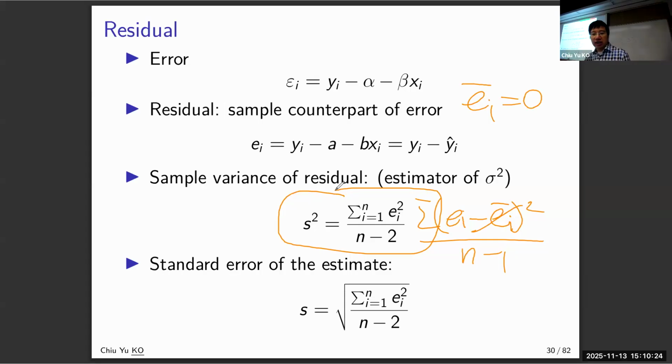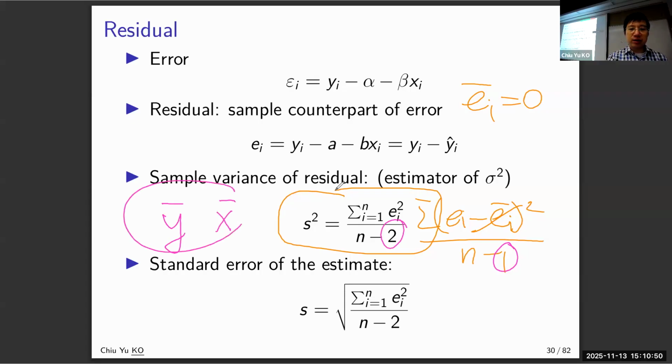And the second question you ask is, why do we have n-1 become n-2? As you have seen in the ANOVA case, it depends on how many sample means you estimate, and you subtract that. In this model, you estimate Y bar and X bar.